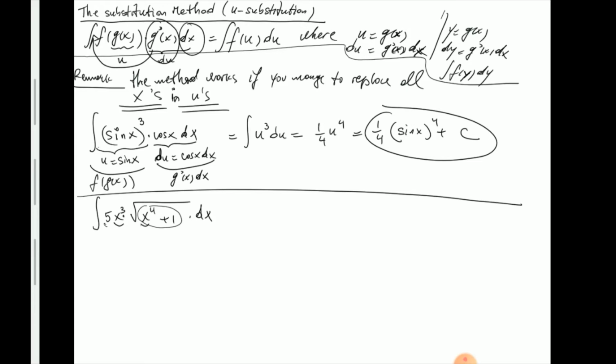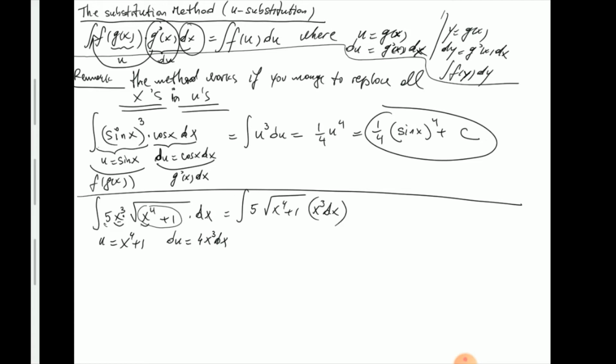So let's do the substitution. So u equals x fourth plus 1. Now notice the differential of u is 4x third dx. And as you notice, inside the integral, I'm going to have to replace x third dx, not 4x third dx. So just to make it clear, let's actually attach x third dx on the outside of that composition.